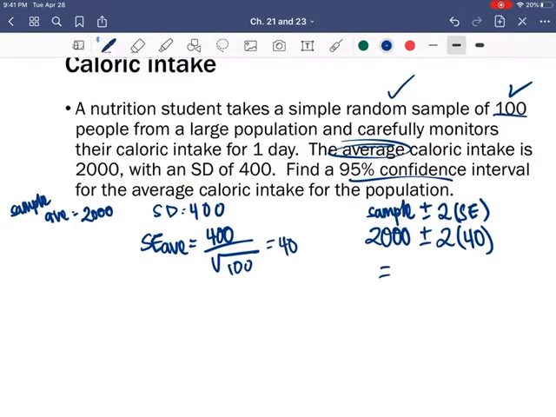Okay, so we are going to say that is 1920 to 2080.